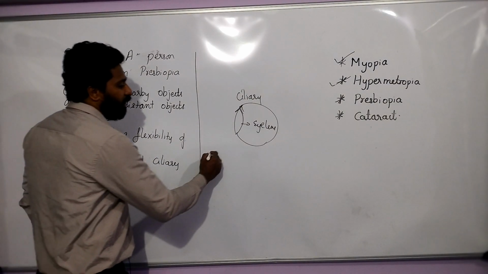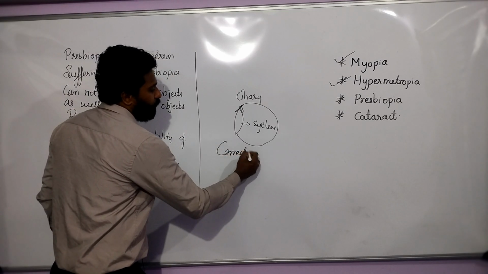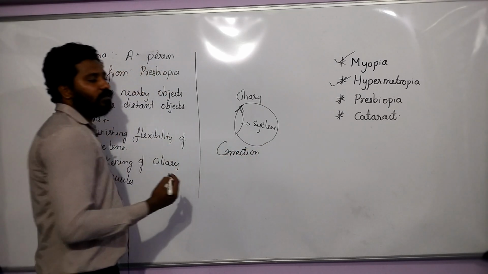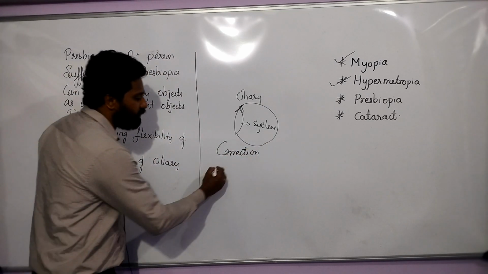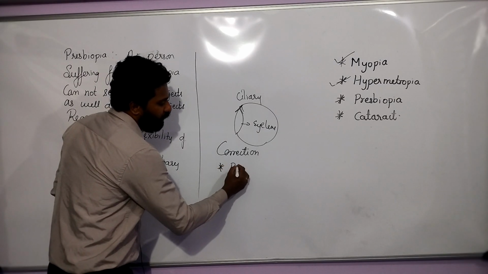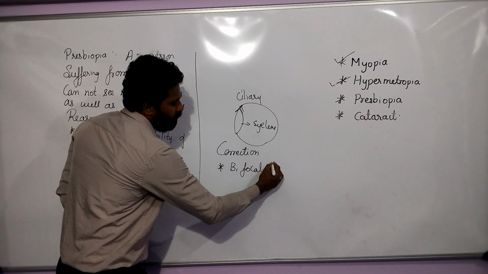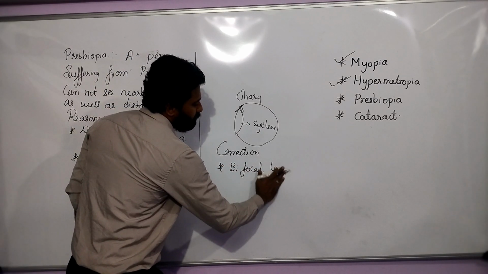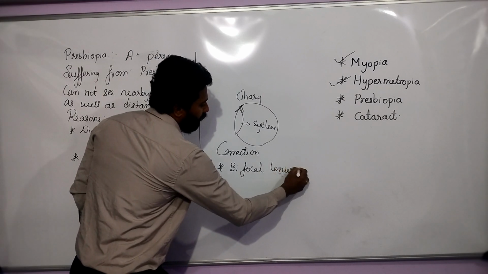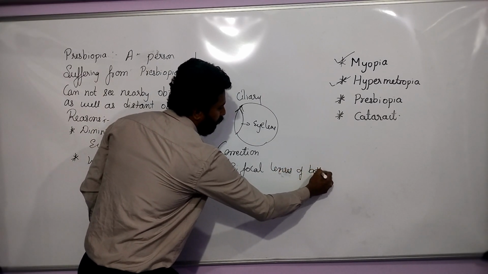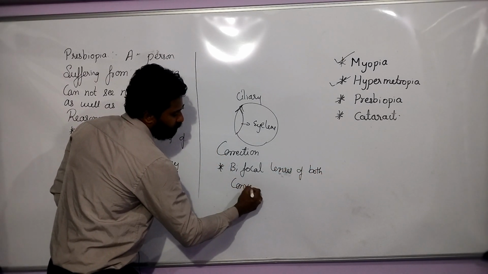And what is the correction for presbyopia? The correction is by using bifocal lenses of both convex and concave.